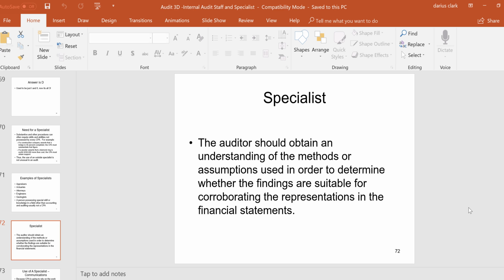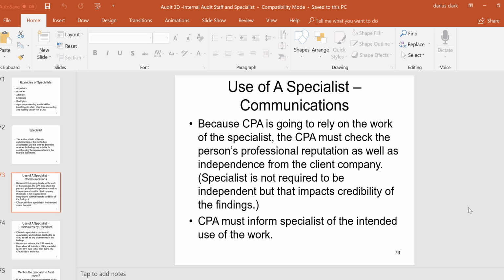So we hire the specialist, and really the specialist takes over because we can't really reperform the specialist's task. If we could, we wouldn't need to hire them. But we still need to obtain an understanding, on slide 72, of the methods or assumptions used in order to determine whether the findings of the specialist are suitable for corroborating the representations in the financial statements.